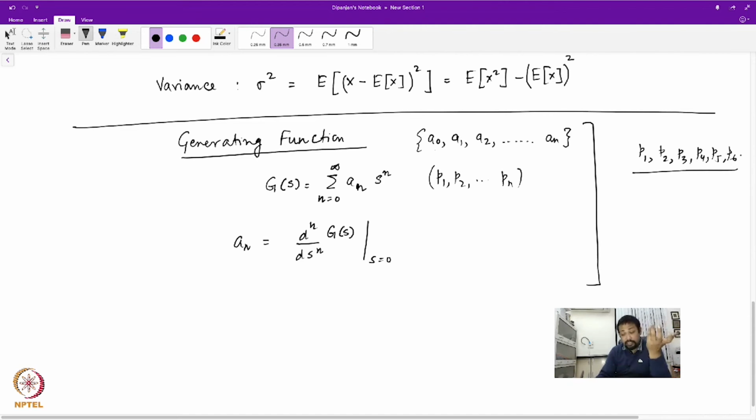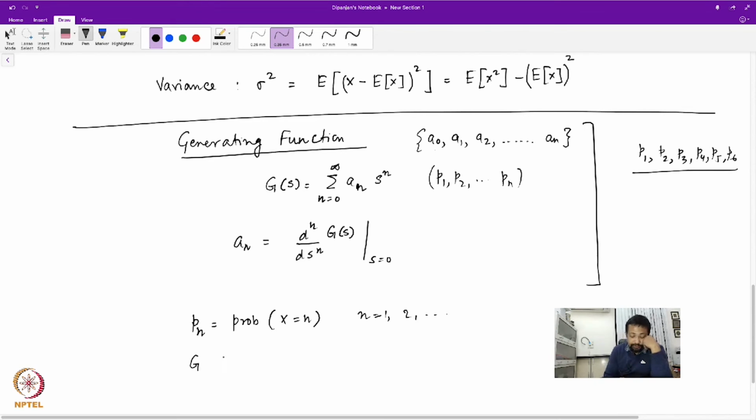If it's an n-faced die, then of course this sequence goes on all the way up to n, correct? So for a discrete probability distribution, we will define that the probability Pn is the probability that your variable takes a value x equal to n, where n is 1, 2, these are discrete integers, right?